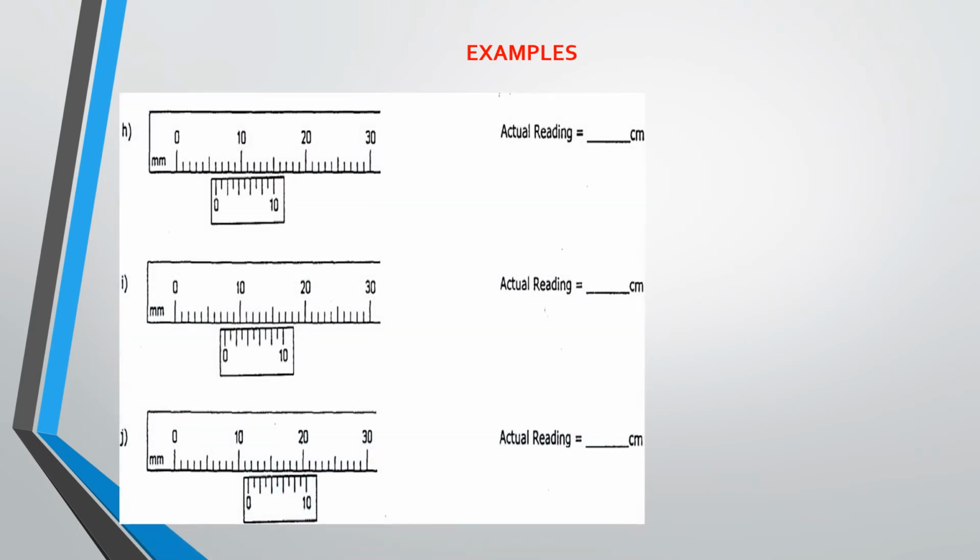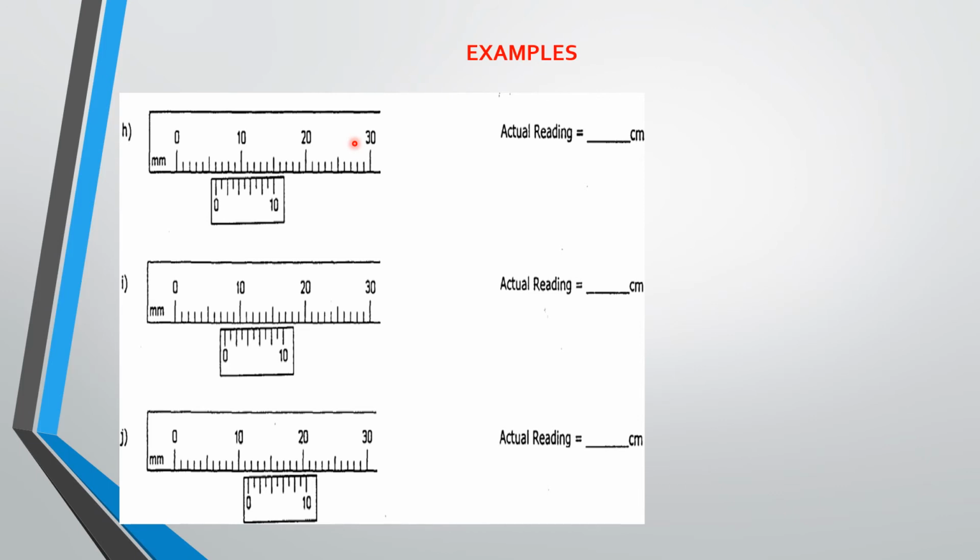So I want to do a practical example on Vernier scale reading. This is a typical Vernier scale, and in most of your question papers, this is how you see them. They'll bring the scales like this and ask you to read the Vernier scale reading.